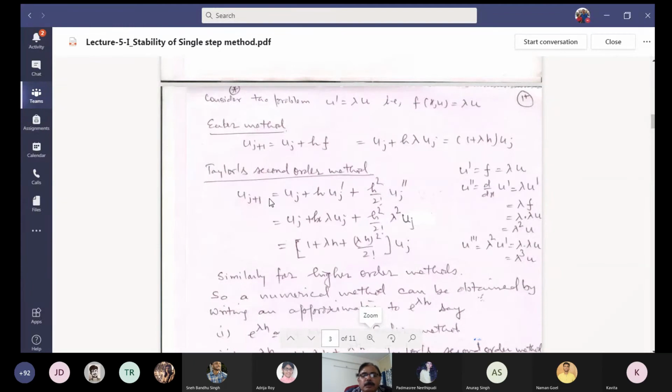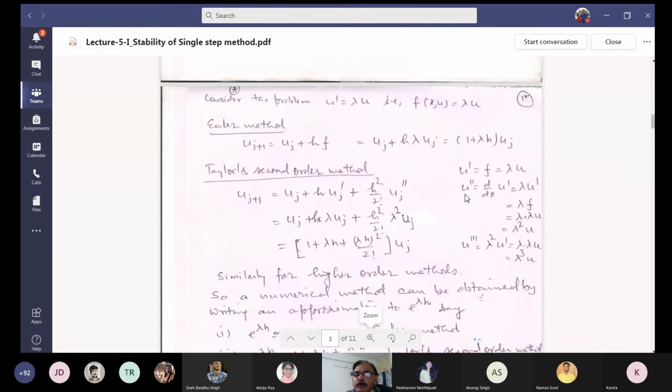Now let us see Taylor's method of second order. This is u j plus 1 equal to u j plus h u j prime plus h square by 2 factorial u j double prime. U prime is f, so u double prime will be d by dx of u prime, that is lambda times u prime, which is lambda into lambda u, that is lambda square u.